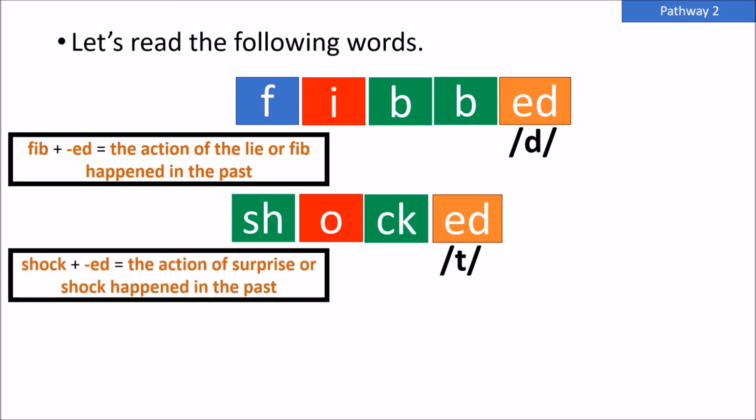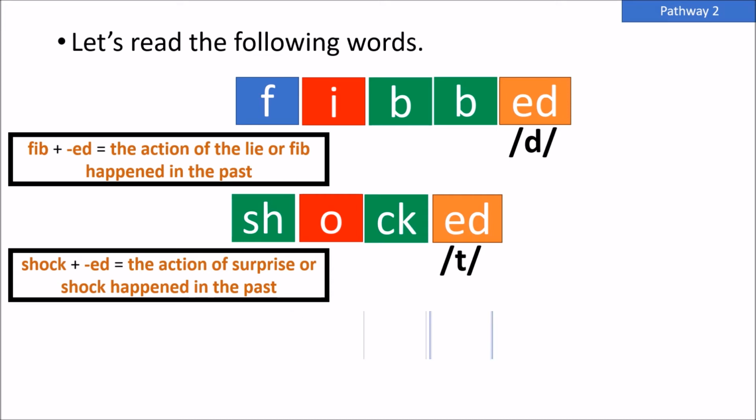Shock plus the suffix ed means the action of surprise or shock happened in the past. And when you said the word shocked, you should have noticed that the ed suffix made the t sound because the digraph ck is an unvoiced sound.